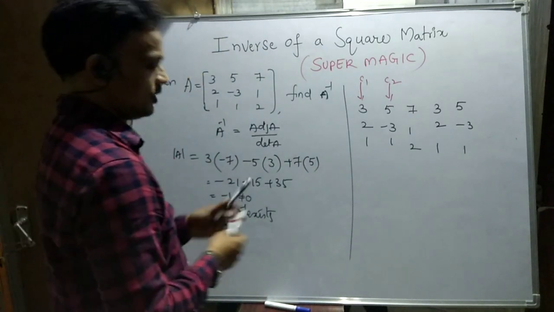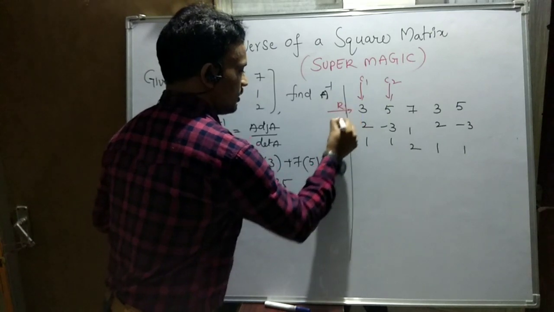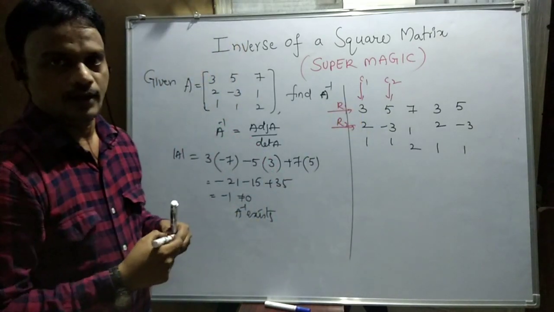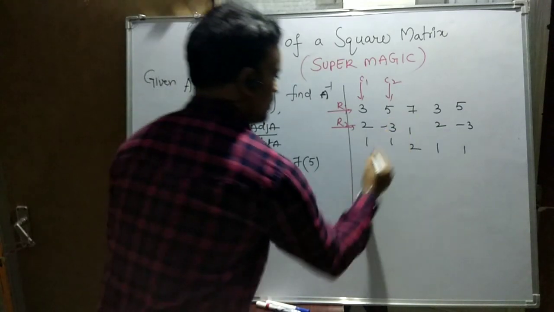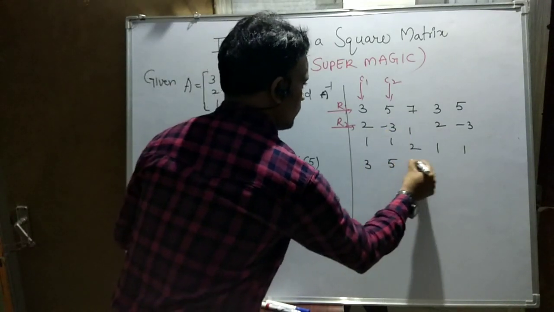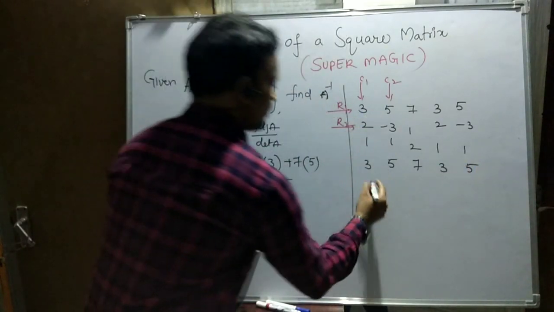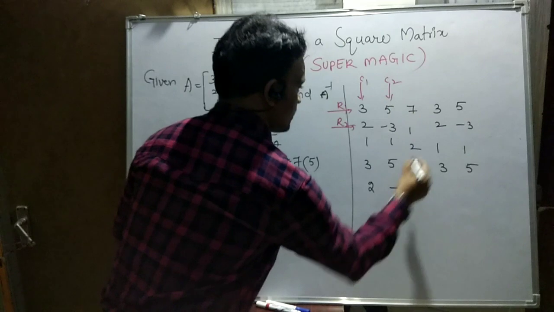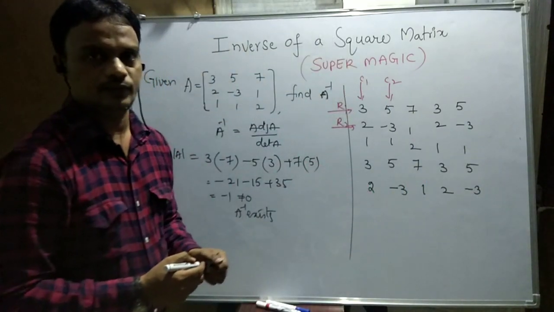Then horizontally, this is row 1 and this is row 2. These two rows, and again writing as it is. Which is 3 2 1 then 5 minus 3 1, repeated below.